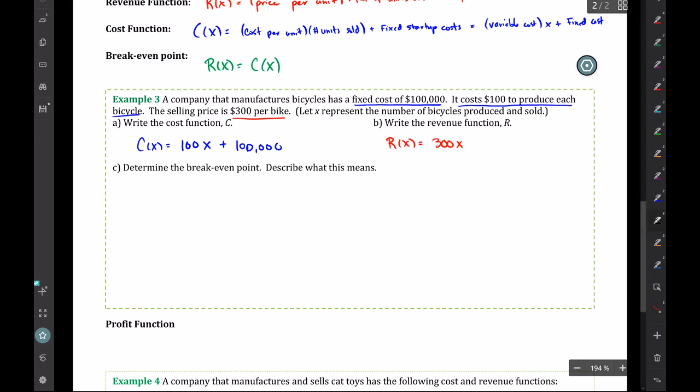So we have R of x equals C of x, where R of x is 300x, and C of x is 100x plus 100,000. Okay, well then if I subtract 100x from both sides, I'm left with 200x equals 100,000. So I get x is equal to 500.